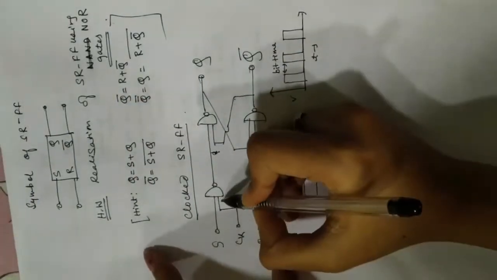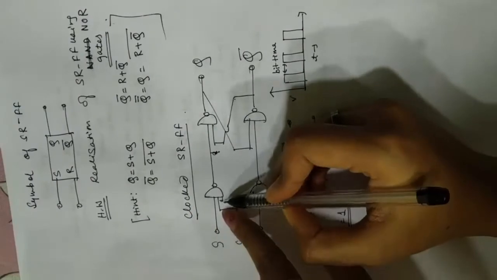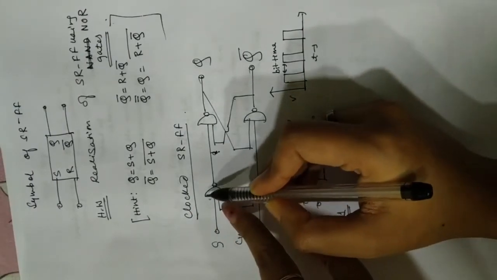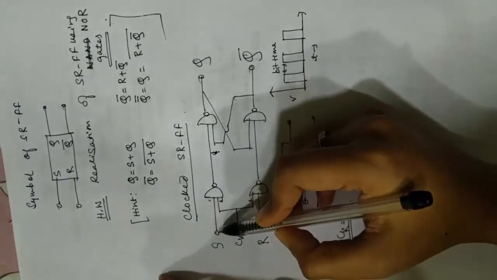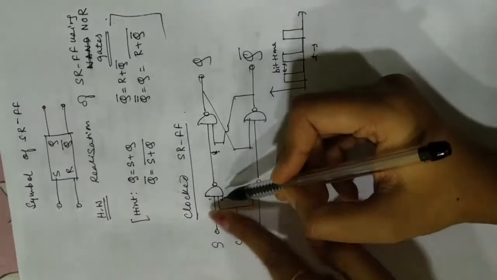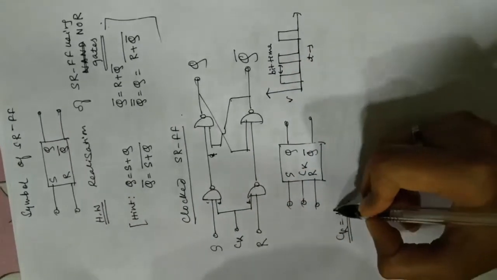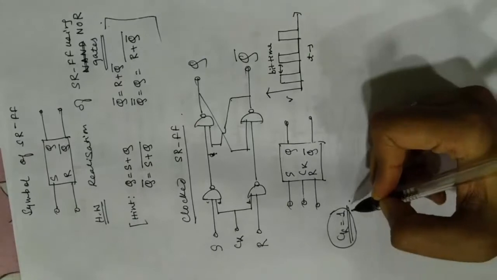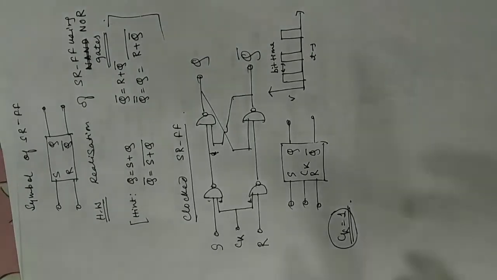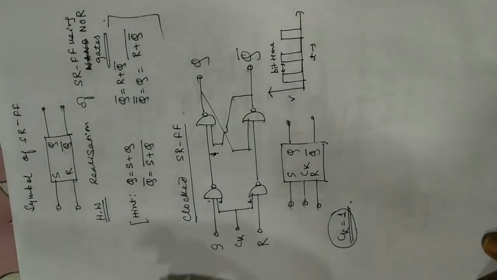Because S dot 1 is obviously S, and R dot 1 is R. So whatever the result is without a clock will be the same as with the clock when the clock pulse is active. So when CK is equal to 1, the clocked SR flip-flop will work exactly as the normal SR flip-flop.